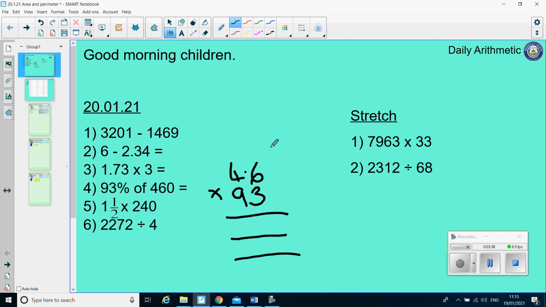So 3 times 6 is 18, carry my 1, 3 times 4 is 12, add my 1 is 13. Remember my golden rule for a 0 on my second line when I'm multiplying by the tens. 9 times 6 is 54. Carry my 5. 9 times 4 is 36. Add my 5 is 41. Ooh, not 14, 41.